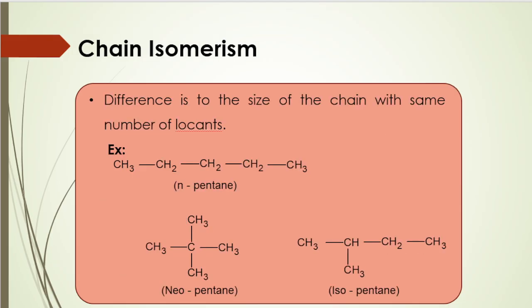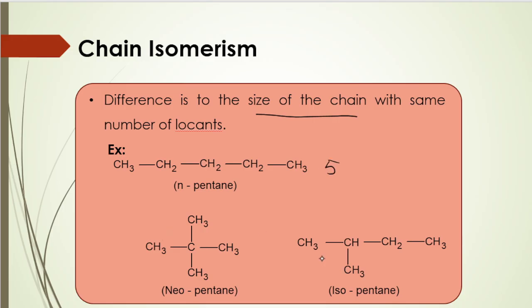First one, chain isomerism. The difference is in the size of the chain, with the same number of carbons. Suppose we consider this compound CH3CH2CH2CH2CH3, this is called n-pentane. In the long chain there are 5 carbon atoms.